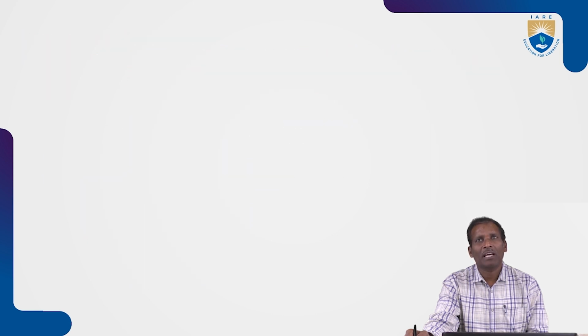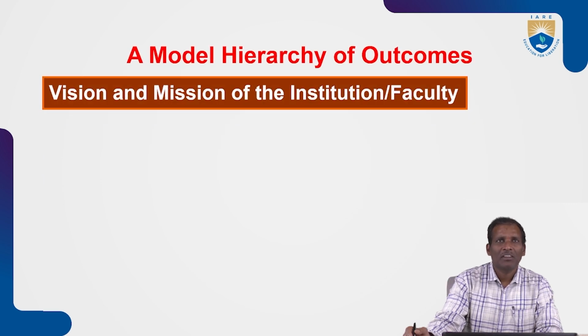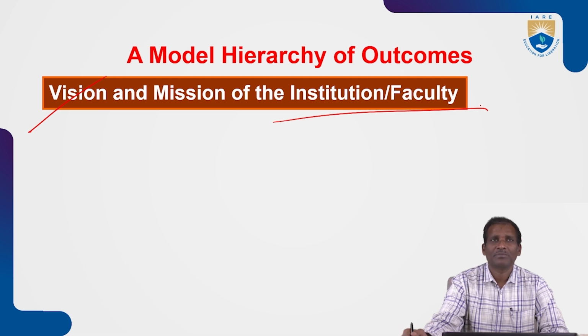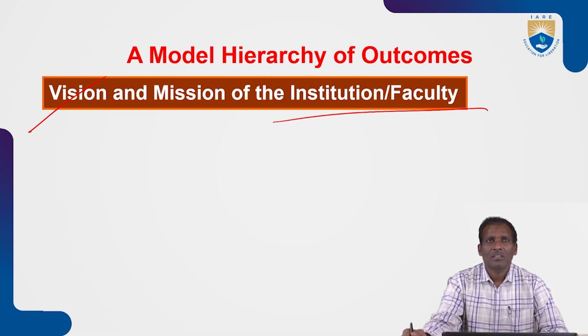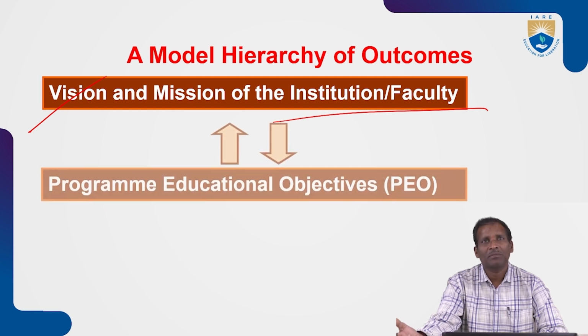Next, a model hierarchy of outcomes. One is the vision and mission of the institution or faculty. You have to define the vision and mission of the institute and also the department, and the faculty should also have that vision and mission.